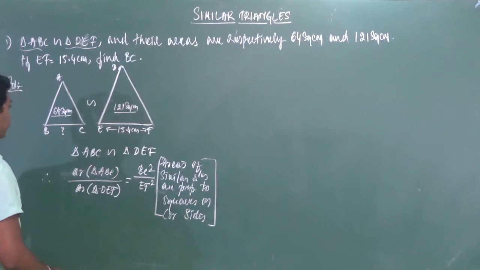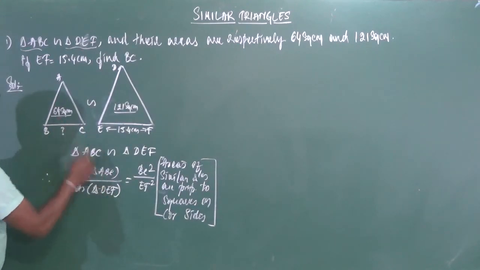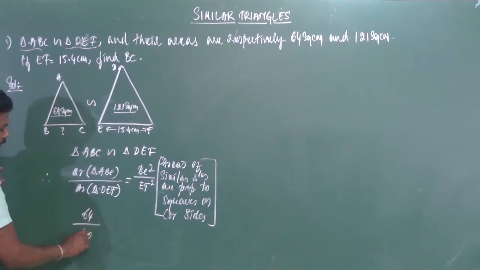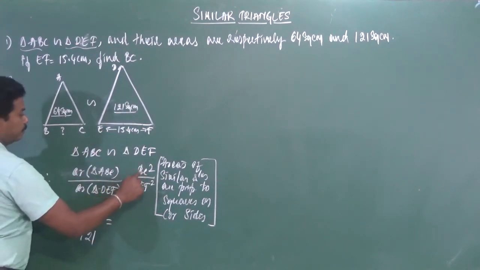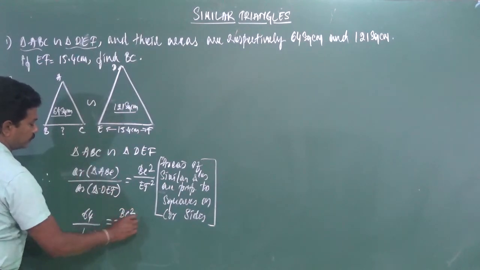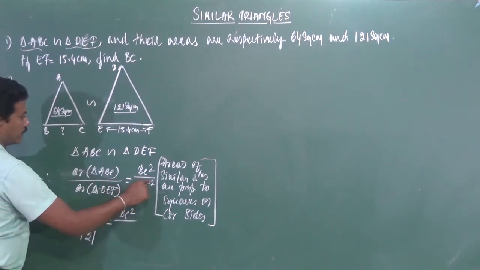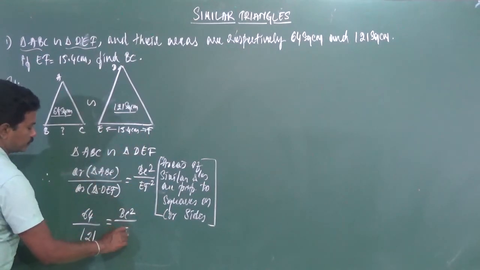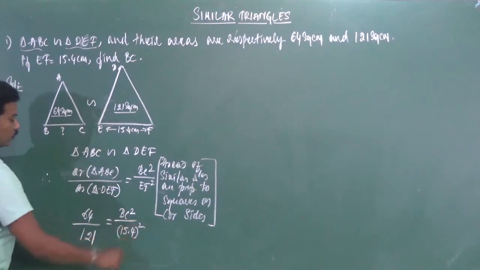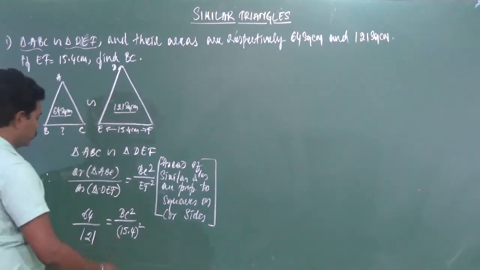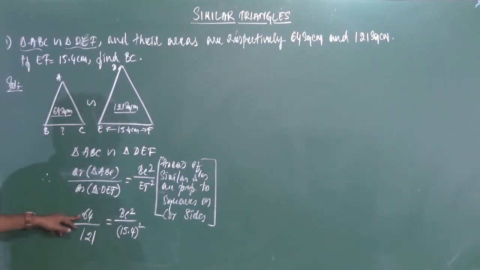Now area of triangle ABC value is 64 by area of triangle DEF value is 121 is equal to BC square. BC we have to find out, so BC square remains. EF is 15.4, so we write 15.4 whole square. Let us take square root on both sides, because we have 64 as a perfect square and 121 as a perfect square.